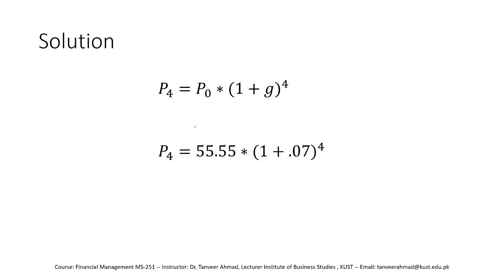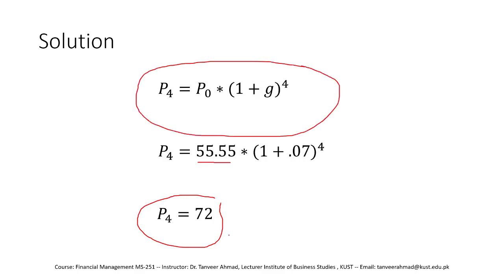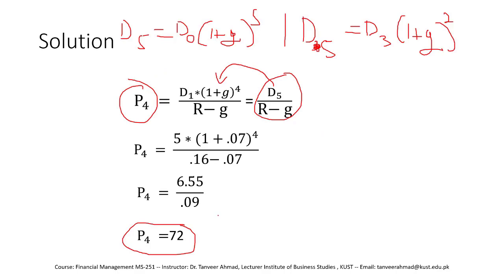If we put the values in this formula, it is 55 into (1 plus 0.07) raised to power 4. We must get the similar P4. The P4 that we get using this second method is 72 rupees, and the P4 value that we got using our first method was also the same.